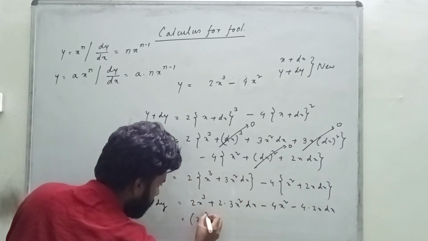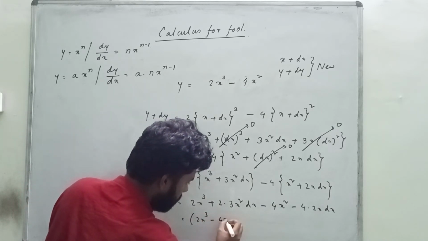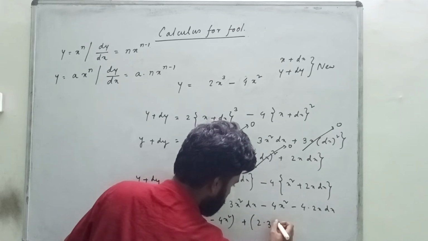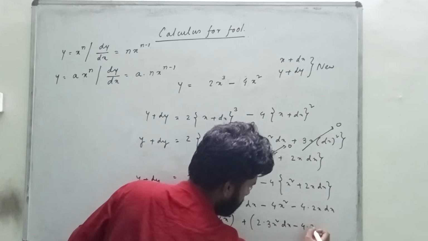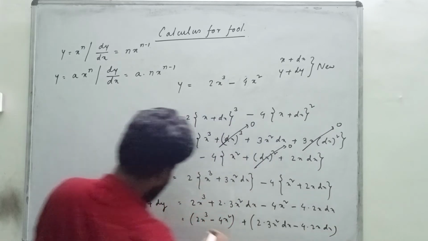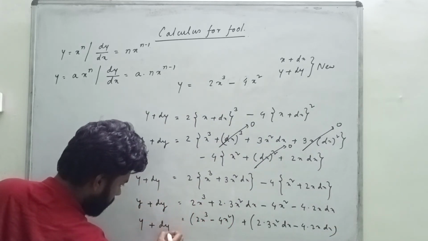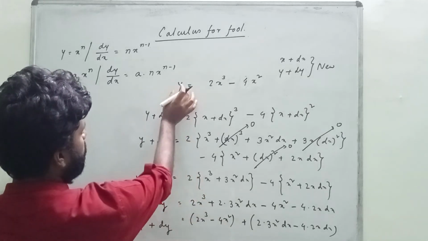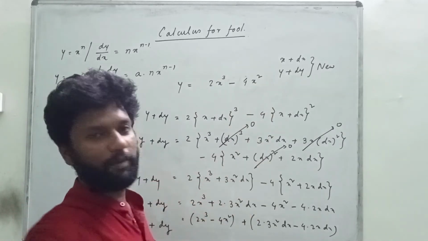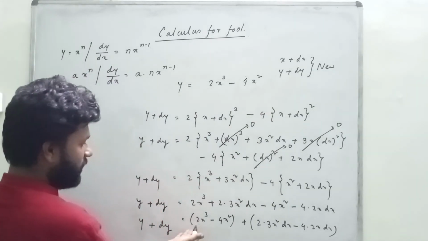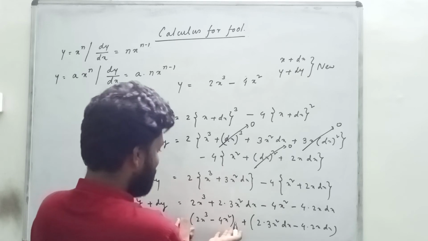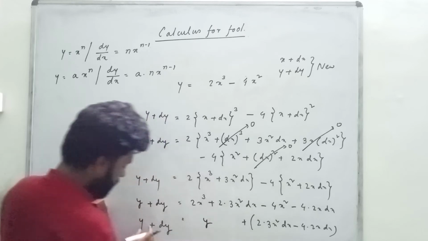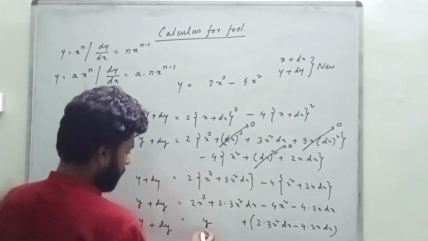So if I write here 2x cube minus 4x squared plus 2 into 3x squared dx minus 4 into 2x dx. What is it? It is actually the previous relationship, the old relationship, y equals 2x cube minus 4x squared, right? So it is a y actually, right? It's a y. So this y and the RHS y will cancel out.